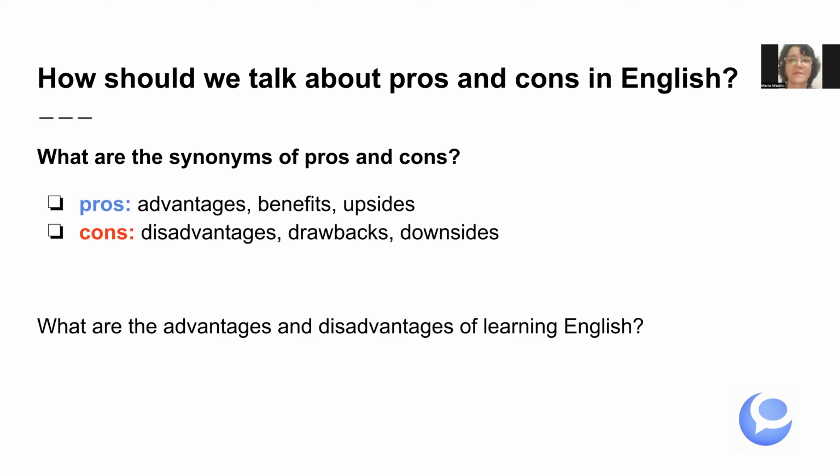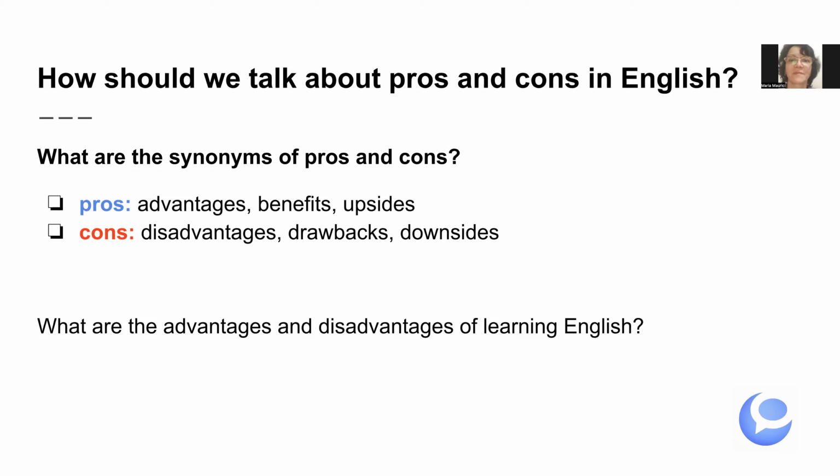The antonym, the opposite of pro, is con. However, there are many other antonyms as well. So let's see them. Pros. Synonyms could be advantages, benefits, or upsides. Now we say the pros of something, the advantages of something, the upsides of something.